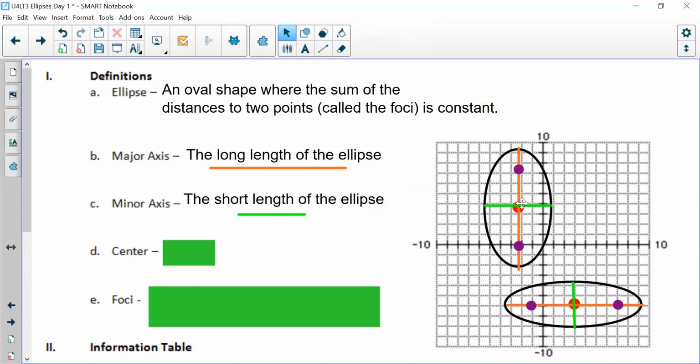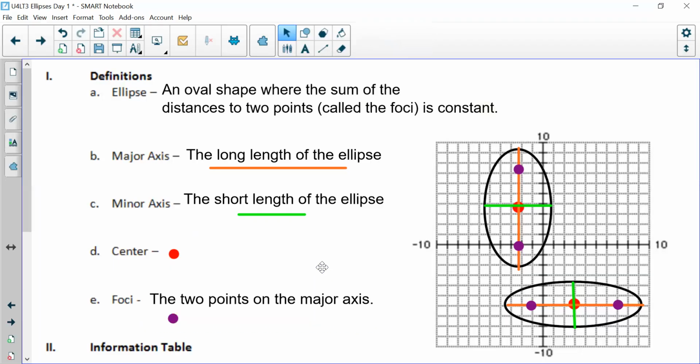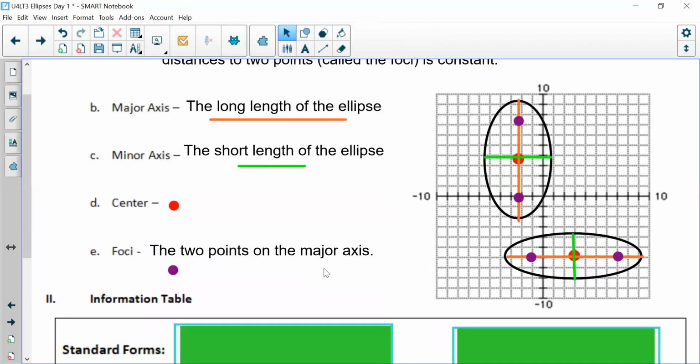And remember, the major axis is A away from the center, and the minor is B away from the center. The foci are C away from the center. Ellipses can be oriented vertically or horizontally. The center is the little red dot, the center of the ellipse. The foci are those purple dots, and they are C away from the center.